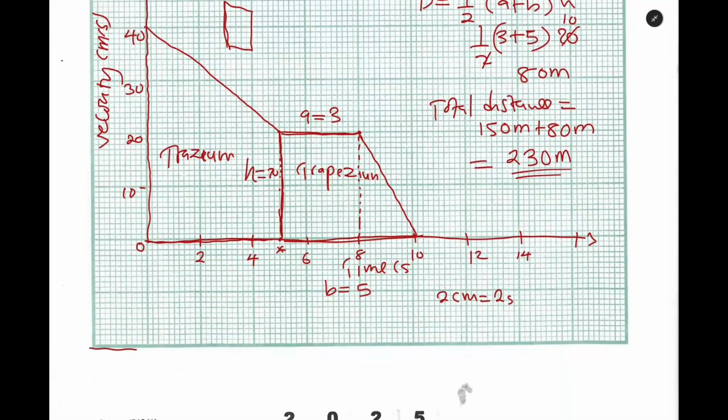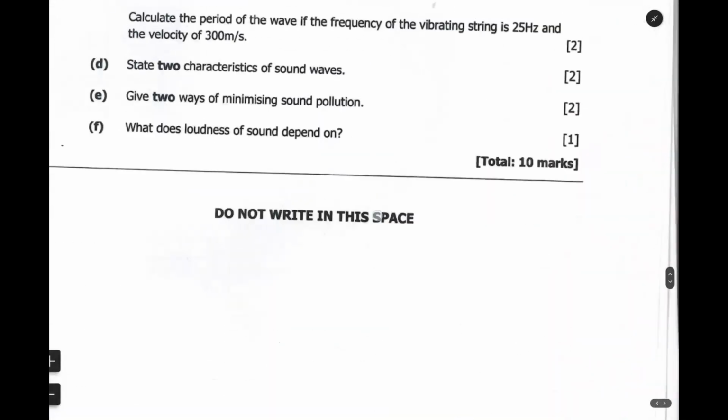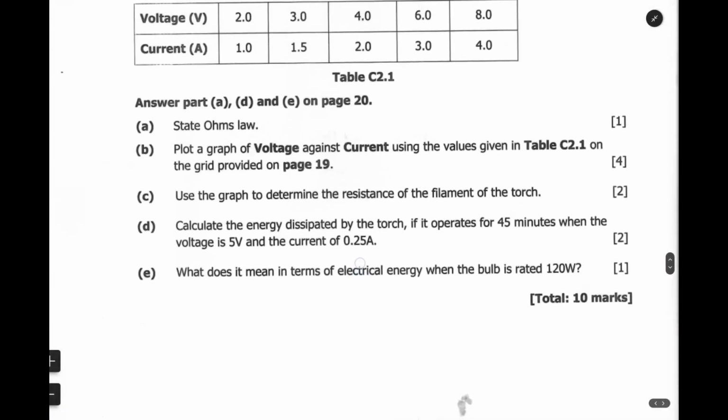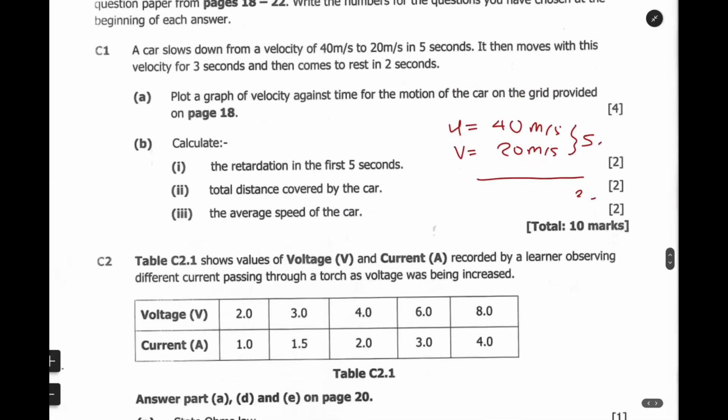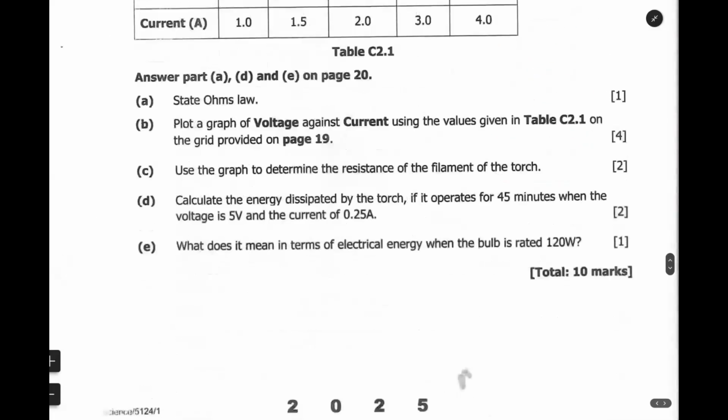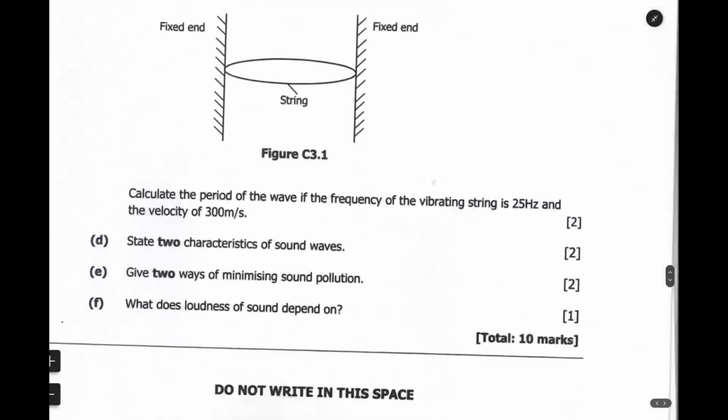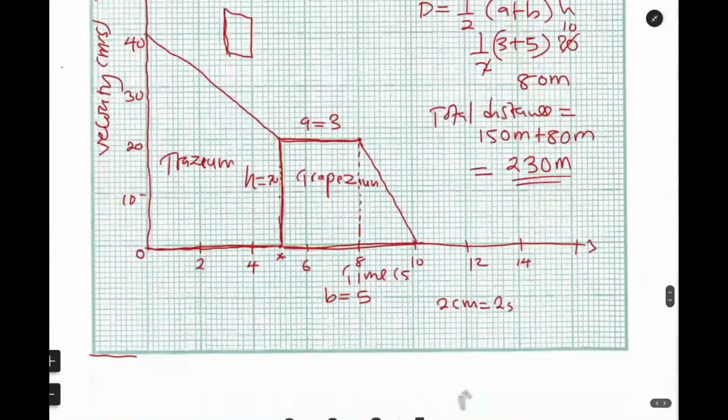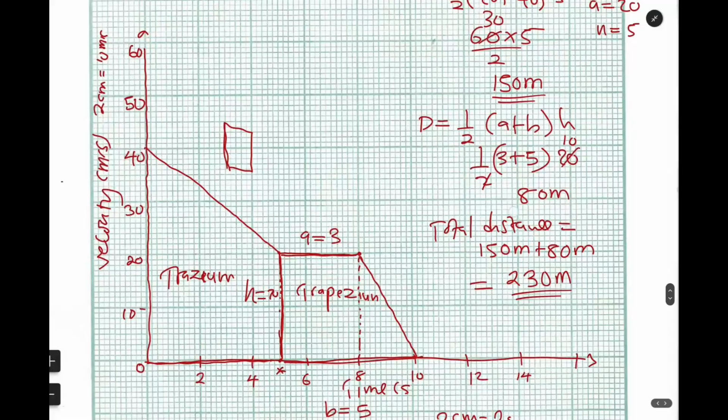Then the end part now. I think there's a last question for calculations here. Let me see. Total or average speed of a car. Average speed is total distance covered divided by the total time taken.